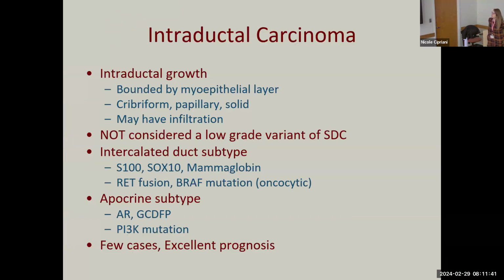There's this tumor that used to be thought of as low-grade salivary duct, or intraductal salivary duct, but it's somewhat teased out right now. You may read about this historically in the literature as low-grade cribriform cystadenocarcinoma. That name is no longer used.